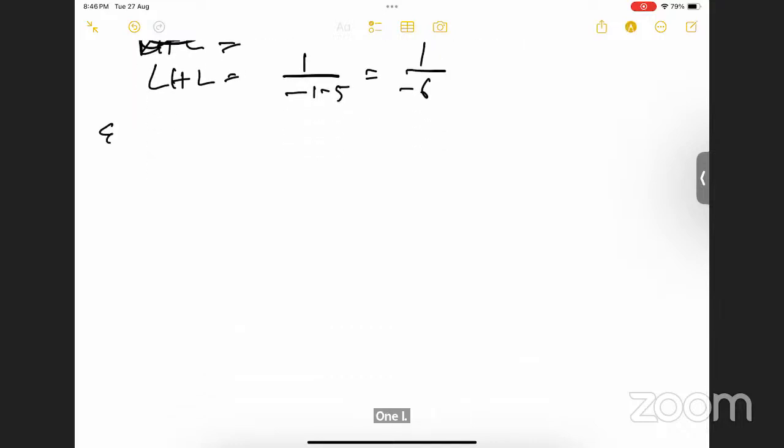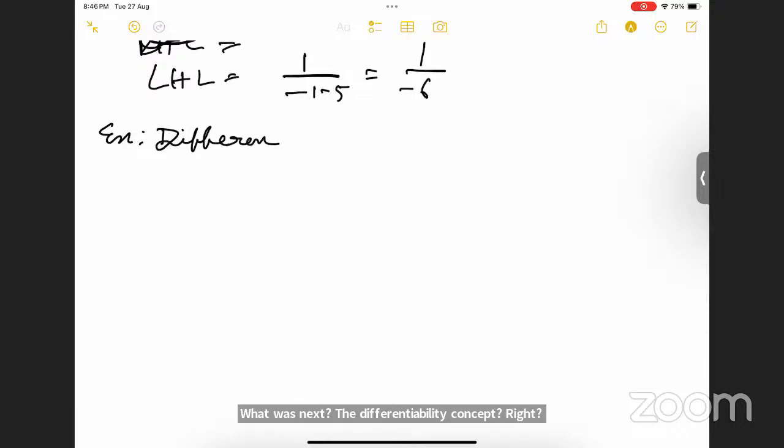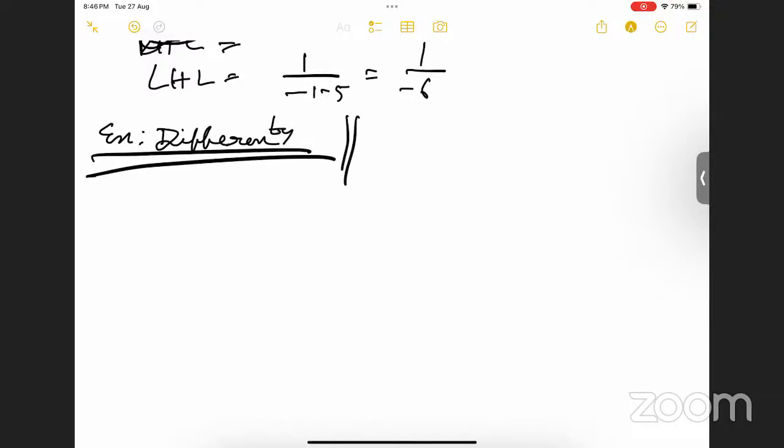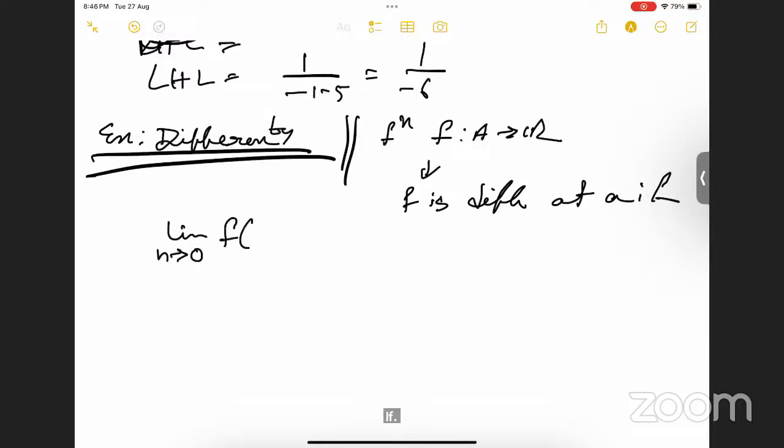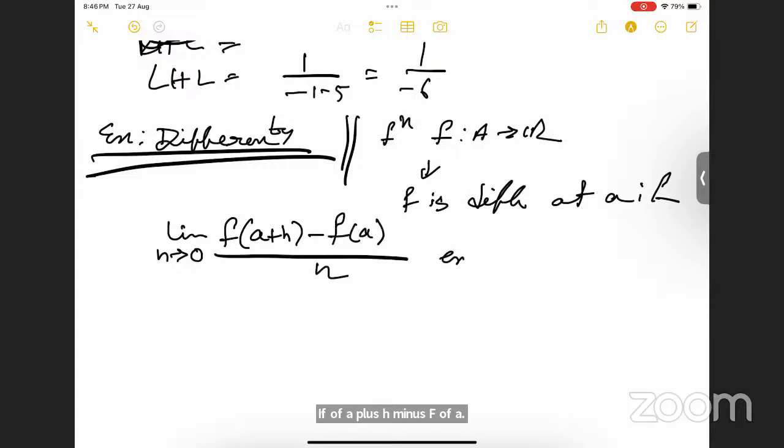So what was next? The differentiability concept, right? So we'll say that suppose we have a function f from some a to the real numbers, then we will say that f is differentiable at a if limit h tends to 0, f of a plus h minus f of a by h exists finitely, right?